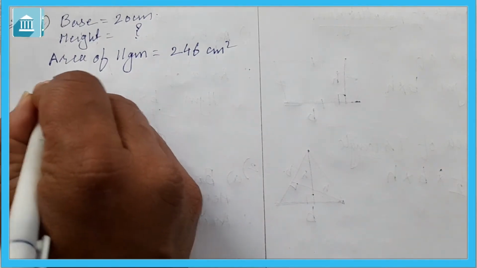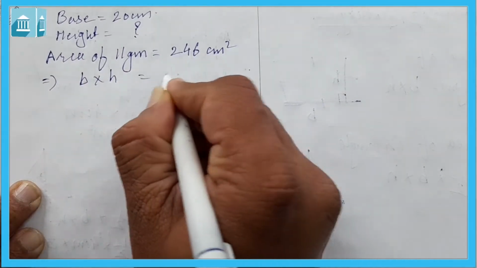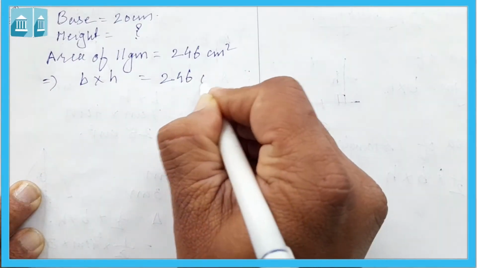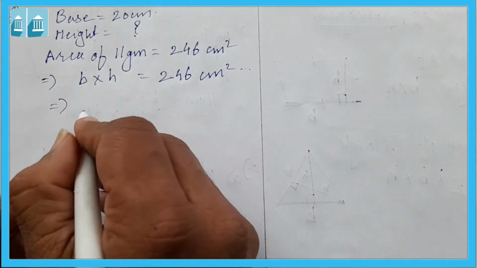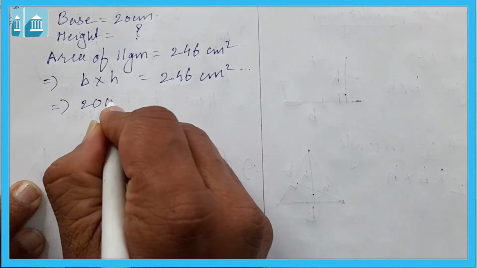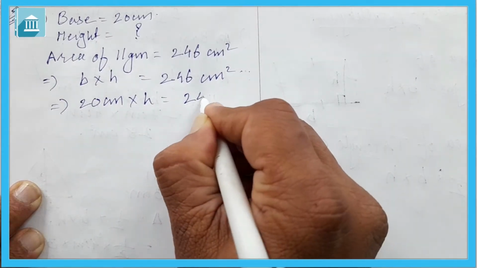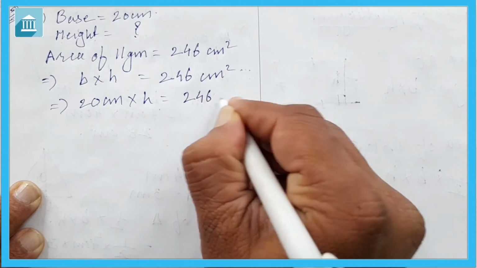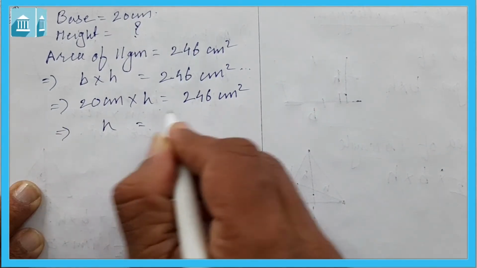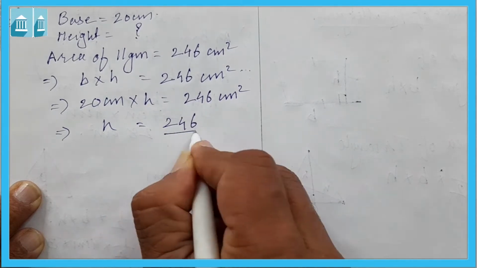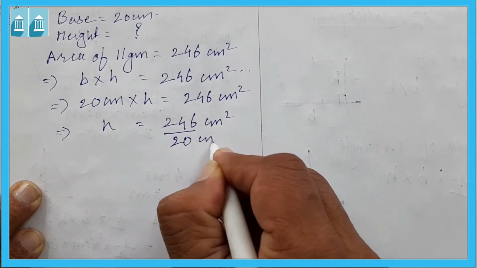Now we all know that area of parallelogram is equal to base into height, which is equal to 246 centimeter square. Base is given already, 20 centimeter, into h, which is equal to 246 centimeter square. Now h is equal to 246 centimeter square upon 20 centimeter.